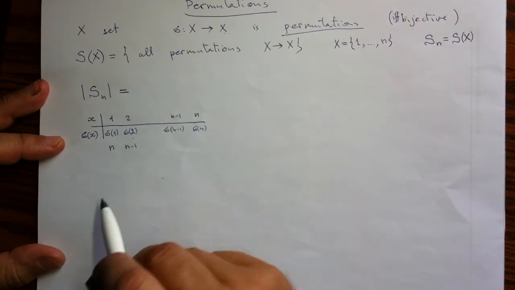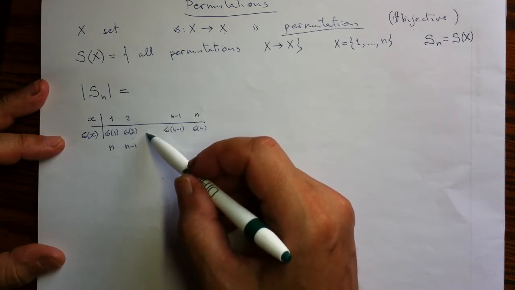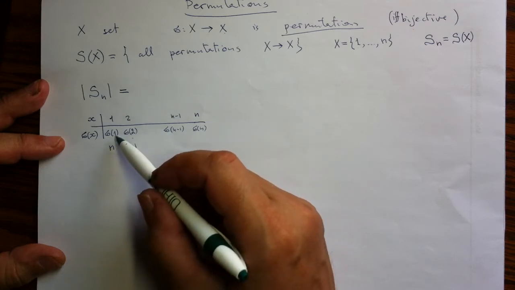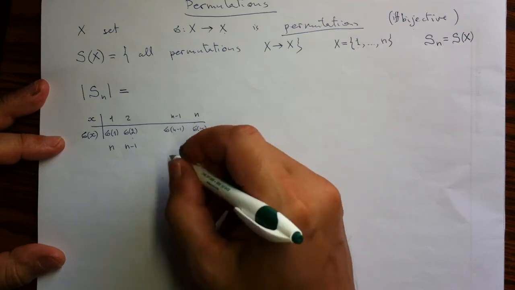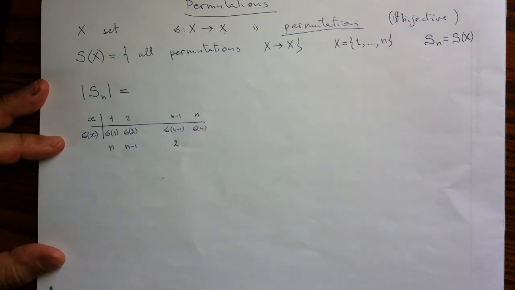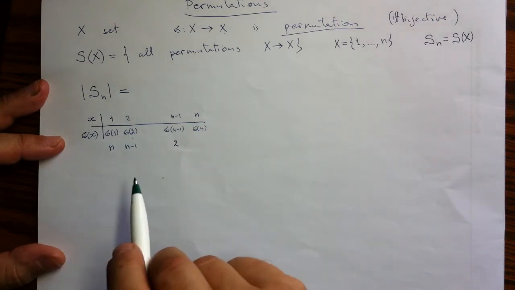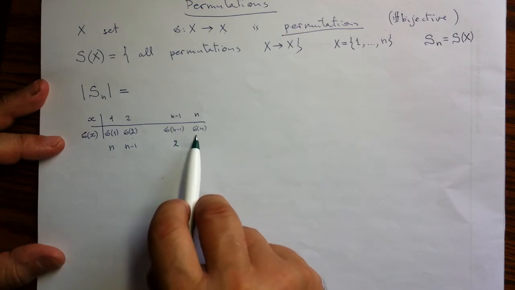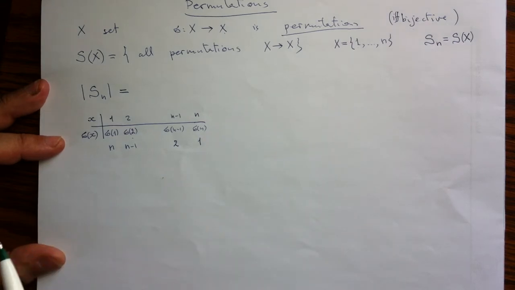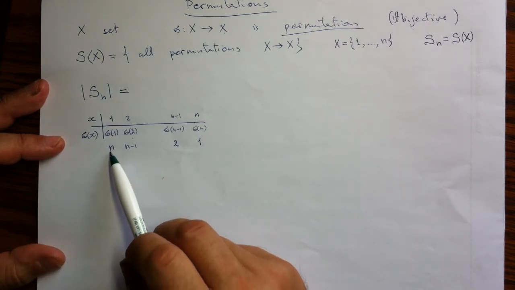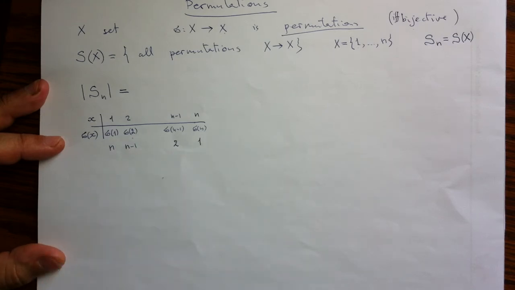Then continuing, you can see the pattern. So the third one will be chosen in a number of ways which will be a total number of elements, but not equal to the first and the second chosen, so n minus 2. And all the way till the last two, that will be possible to choose in 2 ways, and after that we will already collect n minus 1 elements and use them as answers, and so the last element will be determined, will be whatever is left. So that will be the number of choices for each separate value if we choose them in this order.